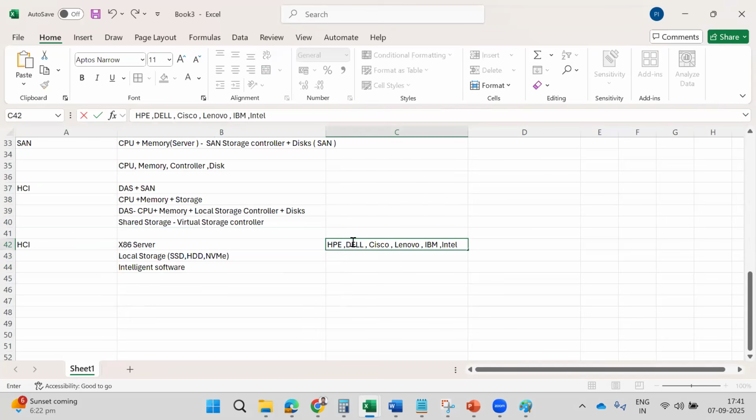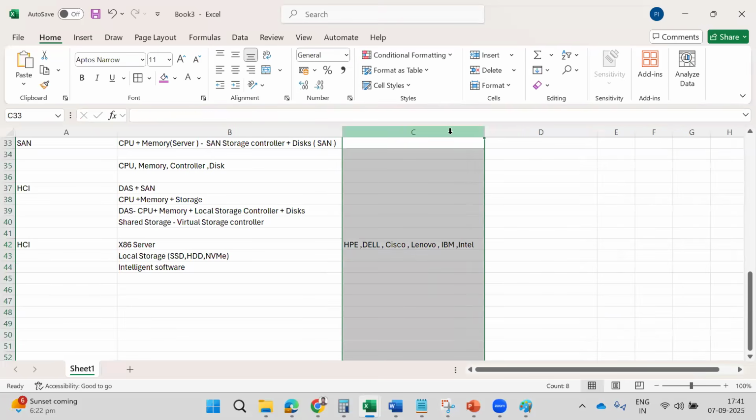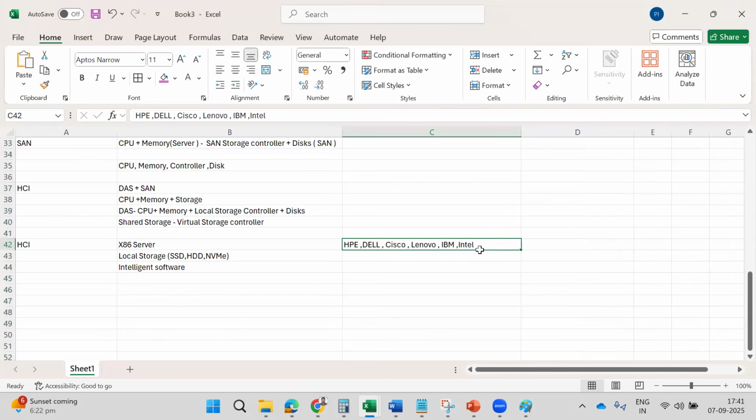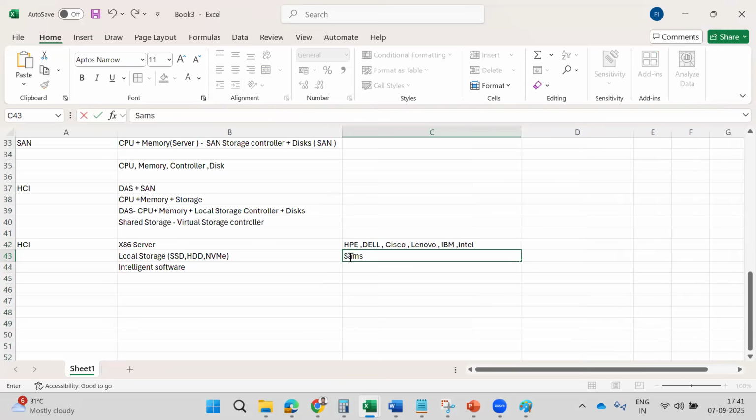There are a lot of different competitor vendors in the market who manufacture and sell servers, so I buy the hardware from any one of them. For local storage, we have Samsung, WD, and a lot of different vendors in the market who manufacture and sell hard disks or any disk.